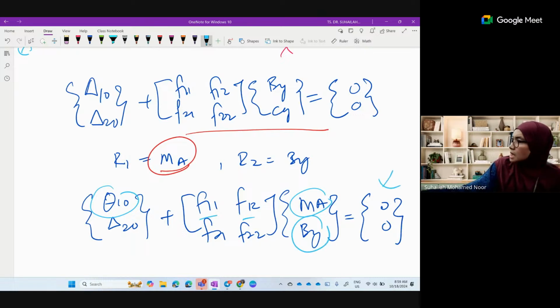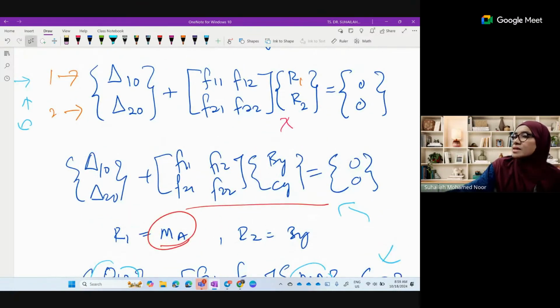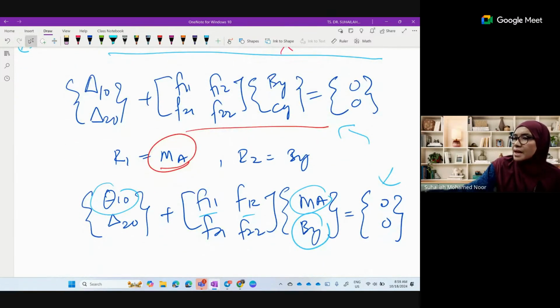So pakai yang version ni lah. Okay, but ini the general lah, yang ni jadi general form. Tapi bila kita nak buat solution, kita pakai version yang bawah ni lah. Okay, so that dia akan guide kita. Okay, so this is the compatibility equation yang mana bila kita decide redundant, kita dah boleh terus tulis this equation.